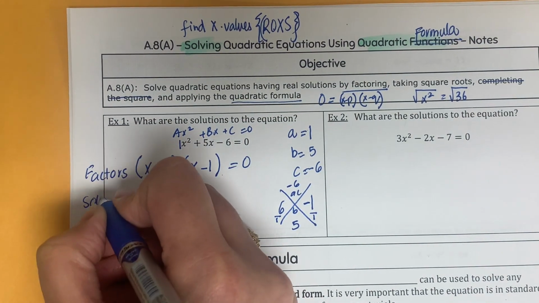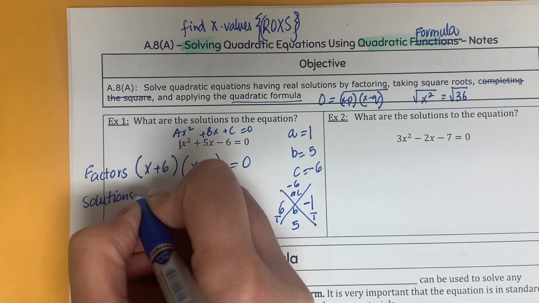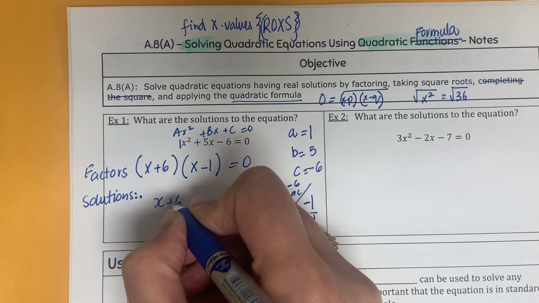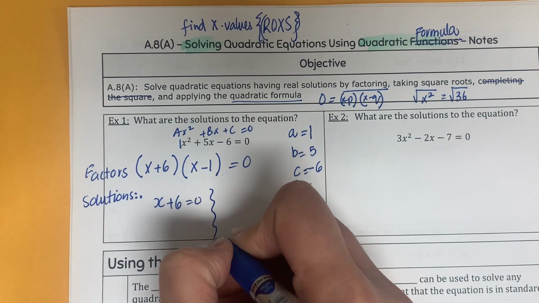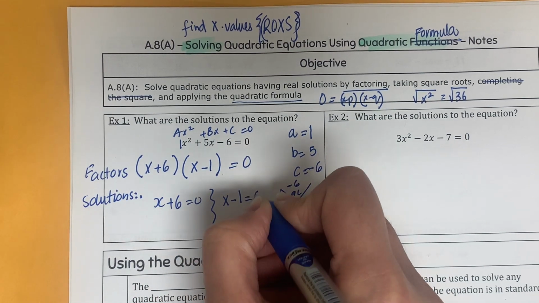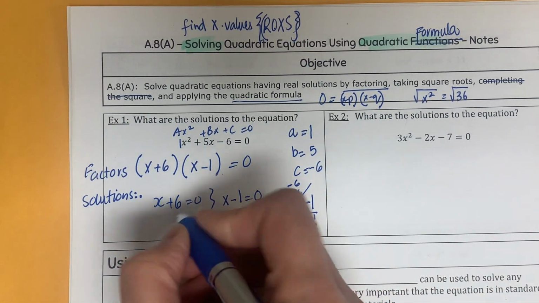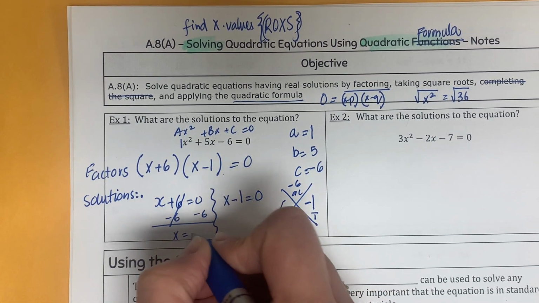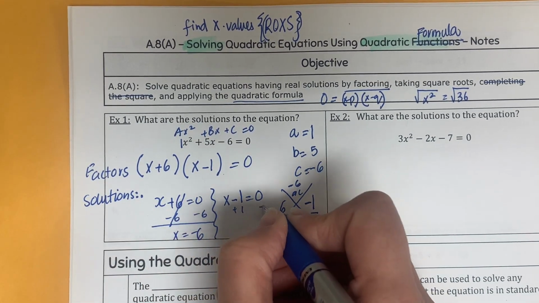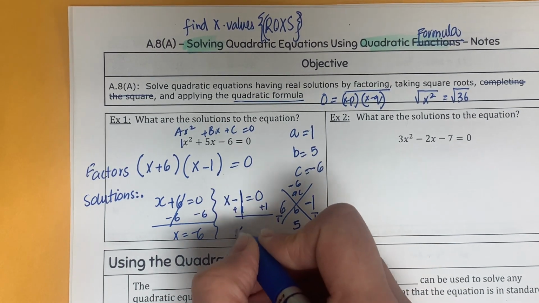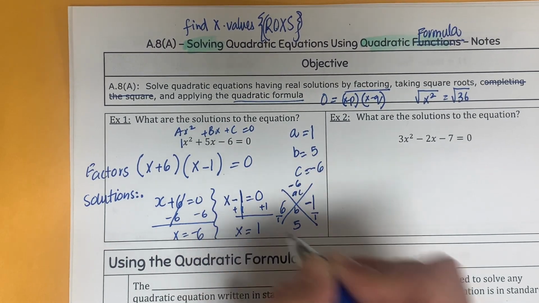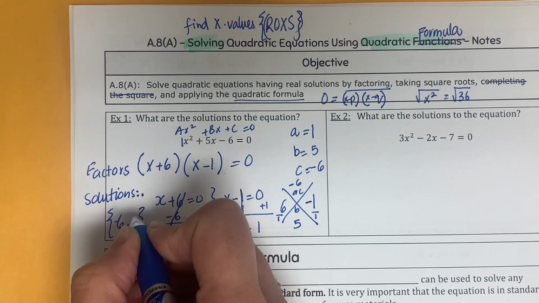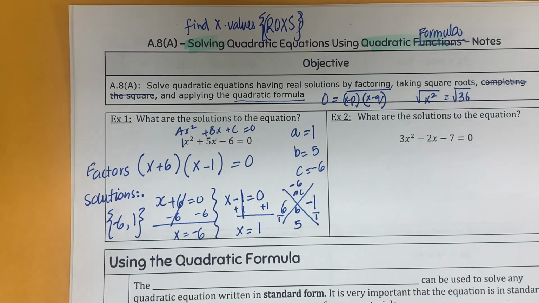And my solutions: I have x plus 6 equals 0, and x minus 1 equals 0. I'm going to solve using one-step equations, and I will have my values. So the solution set is negative 6 comma positive 1, which are also my x-intercepts.